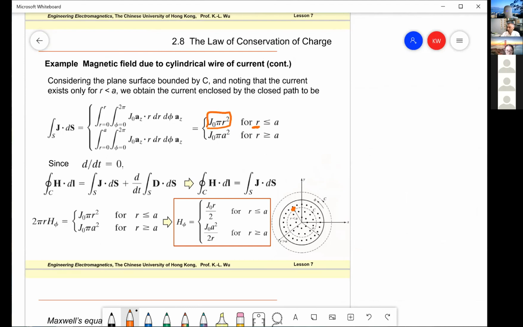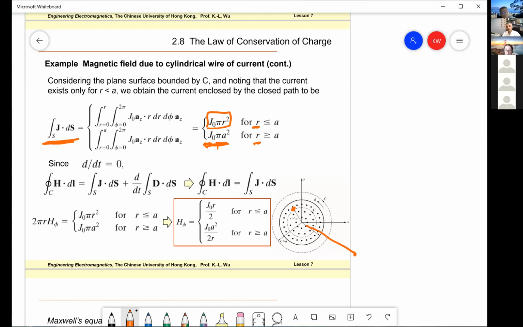But if r is outside of the cylinder, larger than a, then the total current is fixed. That is bounded by the radius a squared, so the total area times the constant current density is the total current. That affects how we calculate the current.